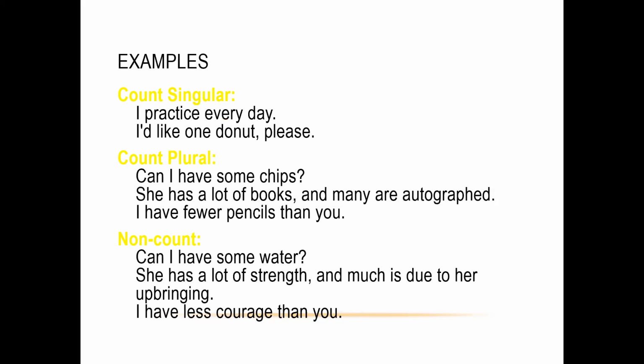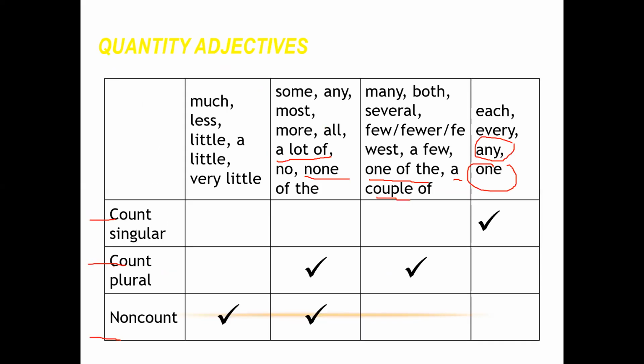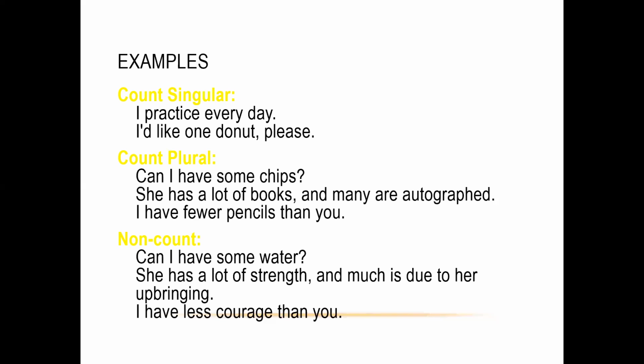So we were discussing earlier the different quantities of adjectives. So we have count singular, count plural, and non-count adjectives. So we will be reading some sentence examples. So for count singular, I practice every day.